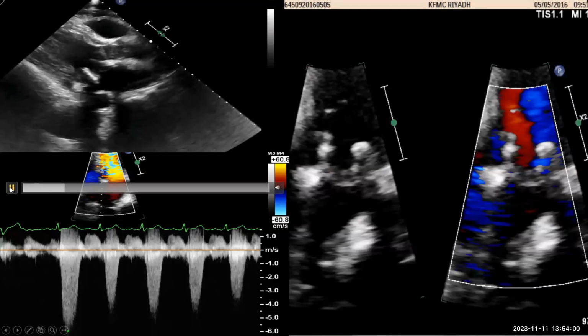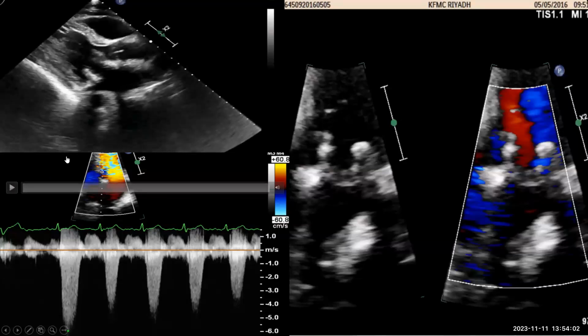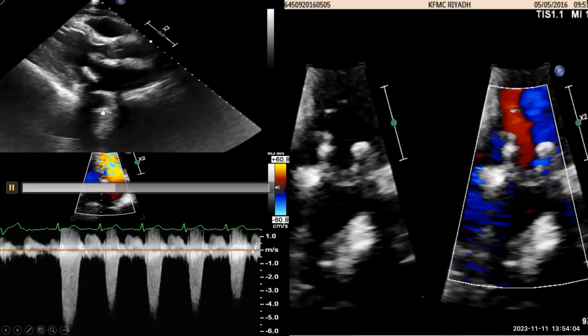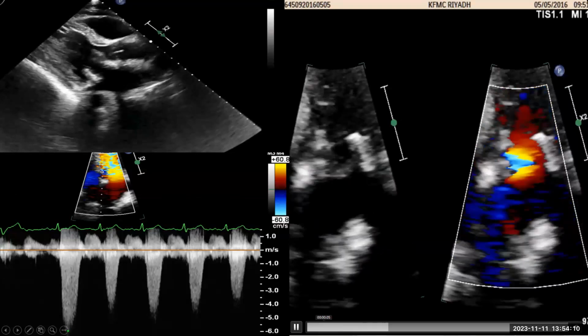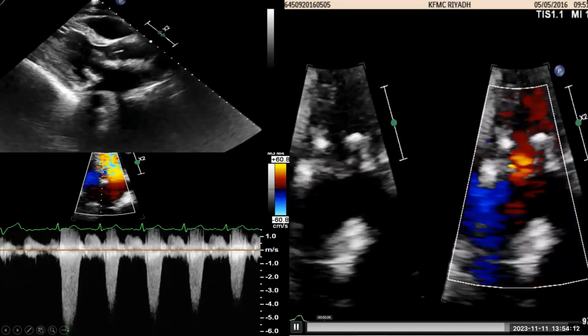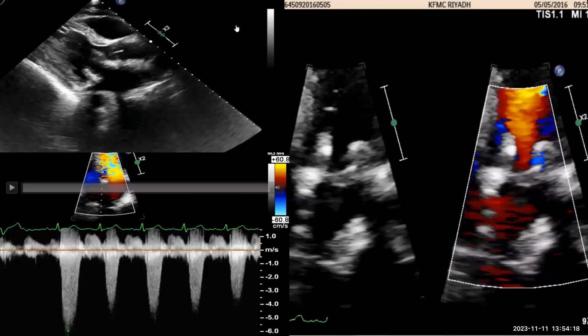We have here a mass attached to the mitral leaflet, the mitral struts, the anterior struts. So this mass is likely vegetation. Okay. What else? We can see here in color. Struts, yeah, paravalvular leak. So is it a paravalvular leak?